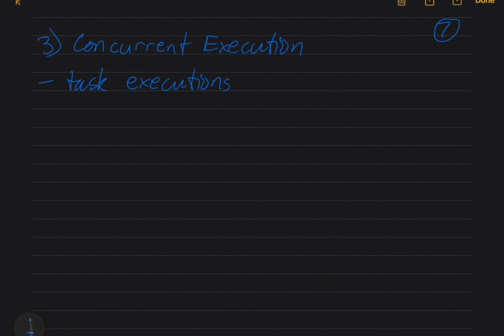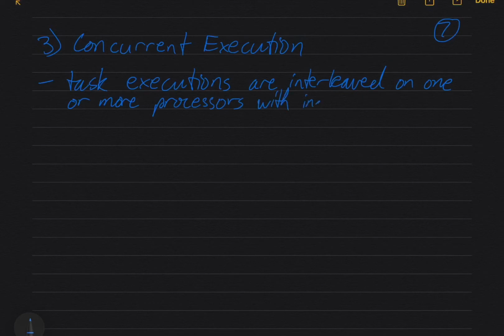So task executions are interleaved on one or more processors with indeterminate order. So if you run the same multi-threaded program more than once, the one thread may run before the other.